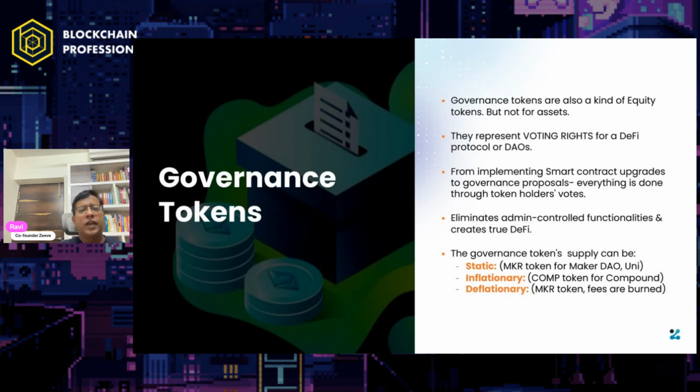So governance tokens, again, depending on the supply, they may be static in the sense that there is a set number of governance tokens that have been launched for a certain protocol, like in the case of MakerDAO. Each token is fungible with each other, but each token holder holds a proportionate value in this. But then there may be variations, like there may be rewards for not just holding, but for voting on different rights.